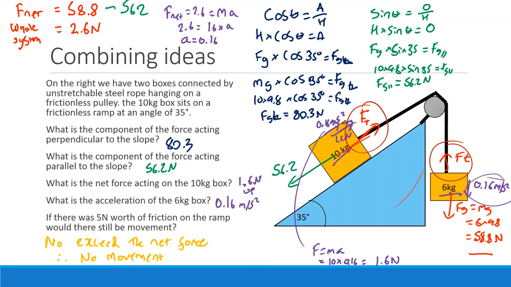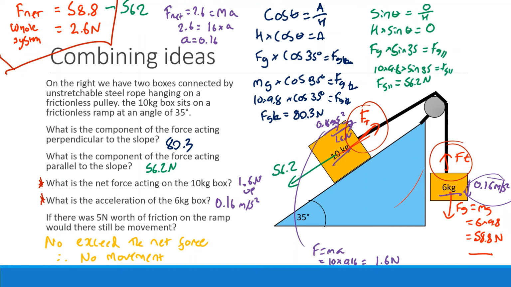And when I was playing around after the lesson, after I got you guys to start working, I did these calculations and they were different. And that's what made me go, wait, what's going on here? I've made a mistake. And it took me a while to figure out what the mistake was. But this was the mistake, that I was not looking at the whole system. I actually thought that was just a problem with this question here, but it turns out it was a problem with this question too, because the net force is not 2.6, it's actually 1.6 on that box.